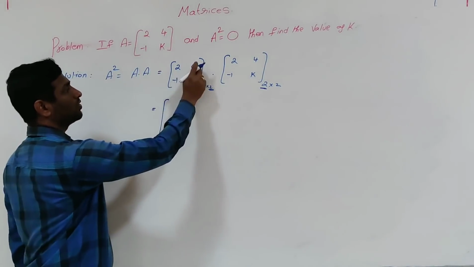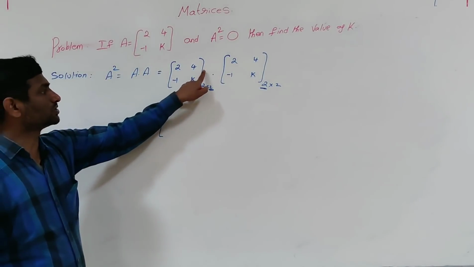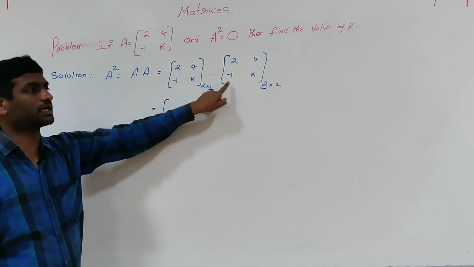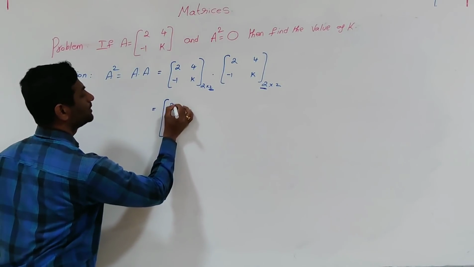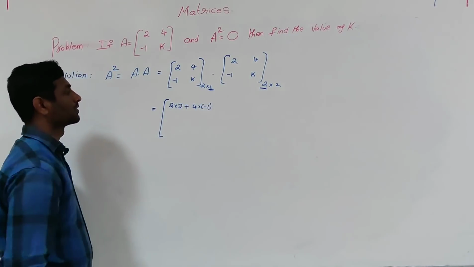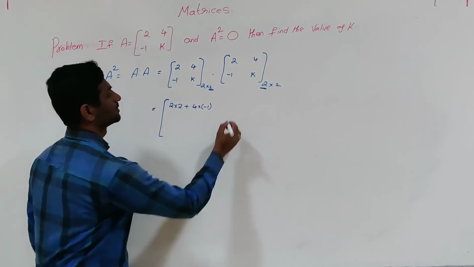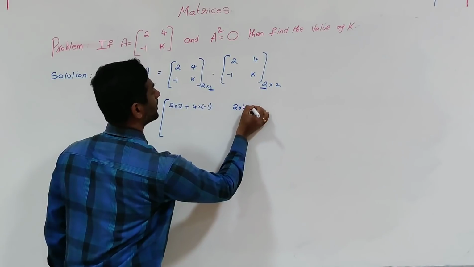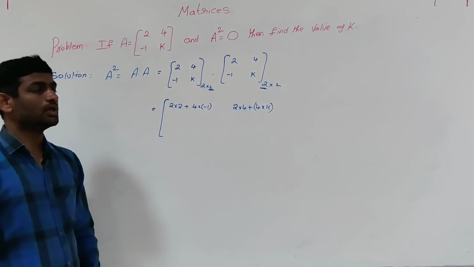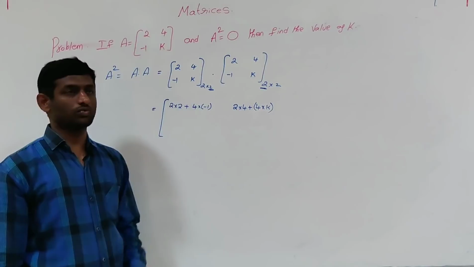That is how the elements will be. The first row with the first column elements of the second matrix: 2 into 2 plus 4 into minus 1. Next, the first row with the second column elements: 2 into 4 plus 4 into K. As there is no other column, we shift to the second row.